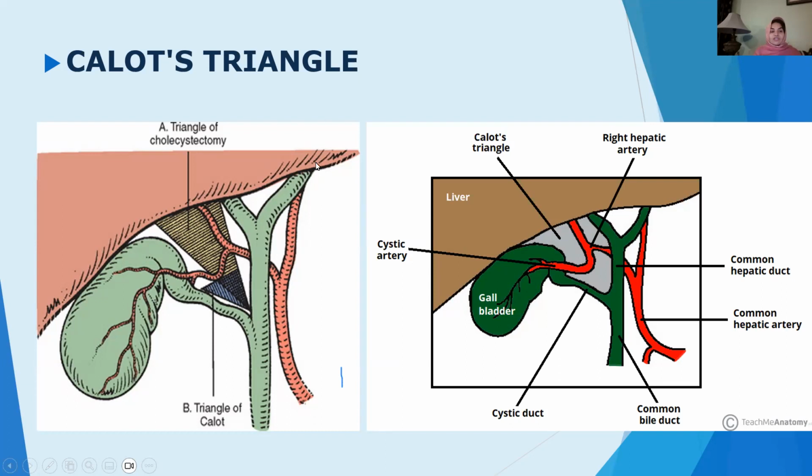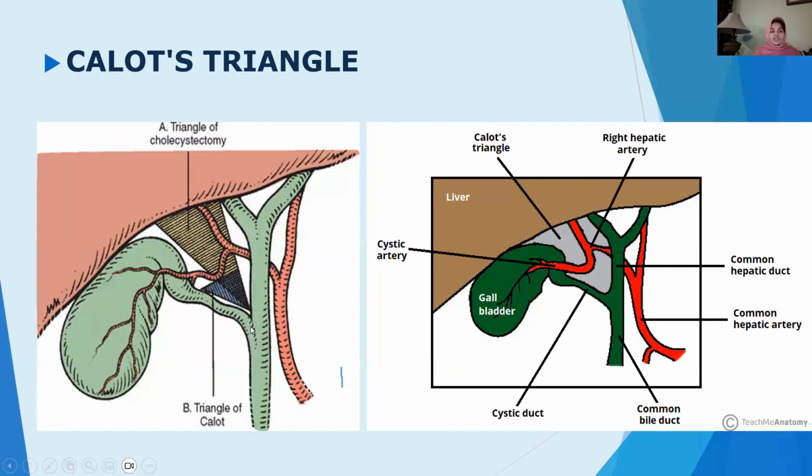Then on the medial side of the second part of the duodenum, we can appreciate the major duodenal papilla, on which the common bile duct and the major pancreatic duct open.